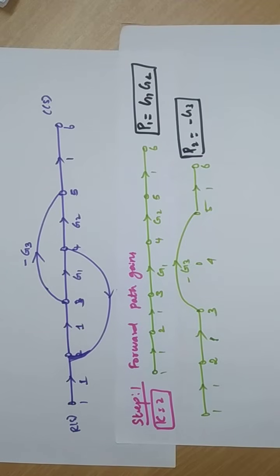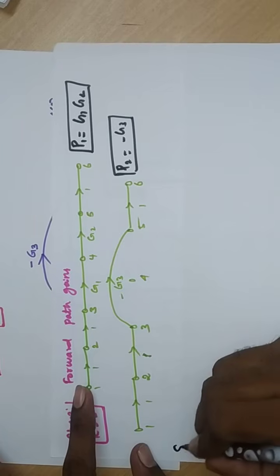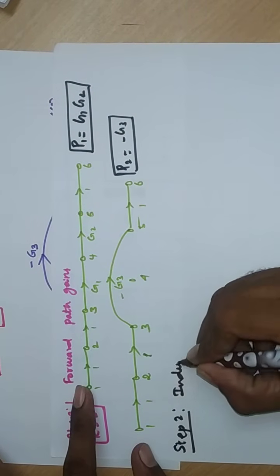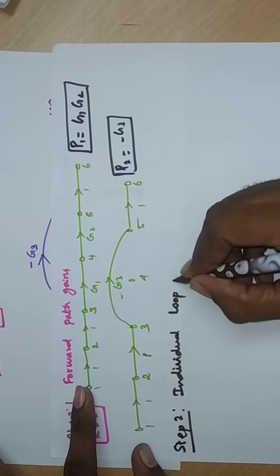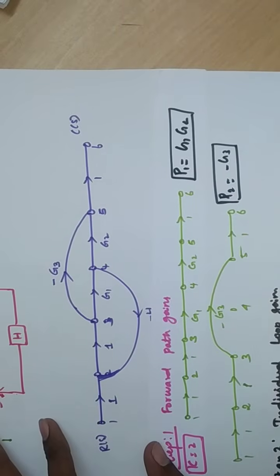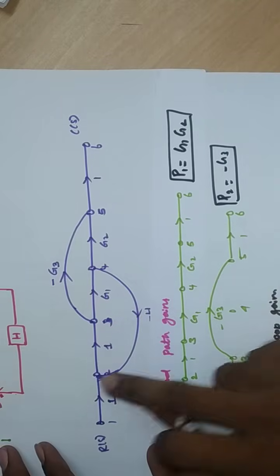Now we are going to step number 2, which is the individual loops. What individual loops are available in this system? There is only one individual loop, 2, 3, 4, again 2.